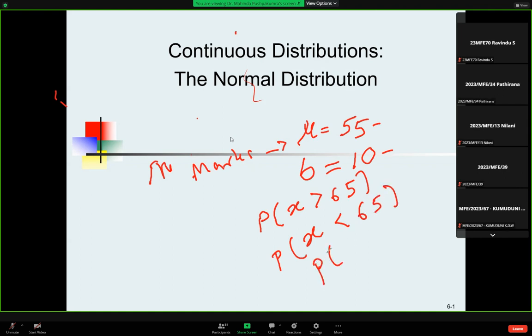If the A pass is given above 75, then what is the probability that a student gets an A pass? These types of probabilities you can calculate after learning this chapter.